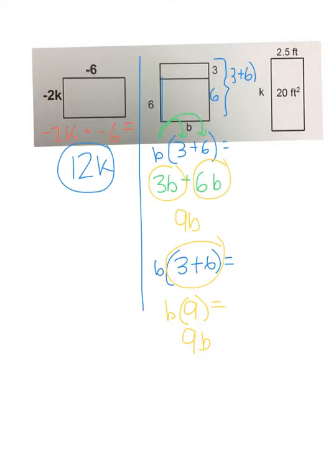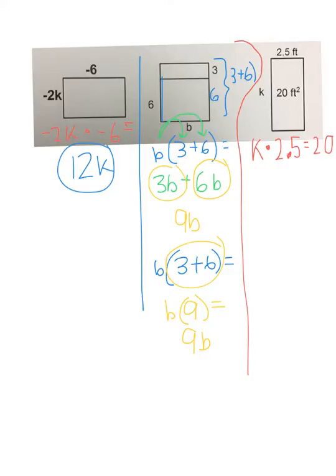Okay? So now this third one, let's try it together. They give us our length is k times our width is 2.5, and they give us our area is 20 feet squared. So it's kind of like we set up a little equation here. Now, in order to find our missing k, we actually want to solve for k.